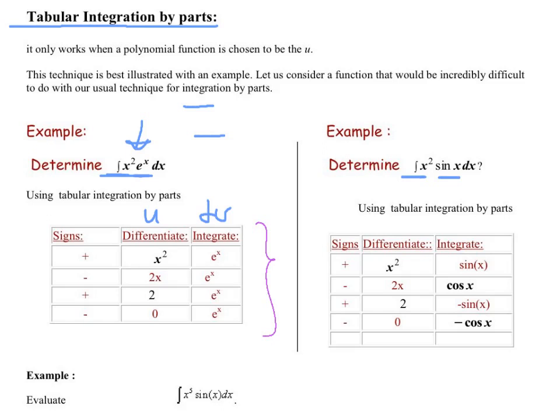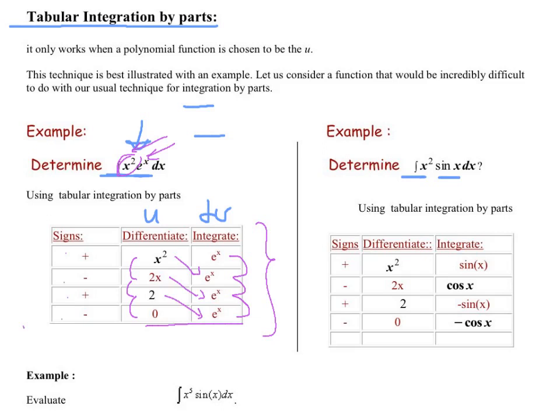Now, like we have said before, when you have a polynomial and exponential, the polynomial has to be u. So u is x squared. Differentiate until you get a 0, and it will become a 0 because it's a polynomial. And e to the x as dv, keep integrating until you reach the 0 level. Now, this should be plus minus like this, and you have to cross product.